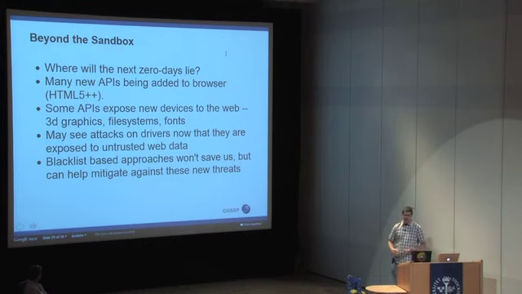So where will the next 0 days lie? I think it's important to look at a lot of the new APIs that are being exposed, not just by plugins, but actually by the browsers themselves. So in HTML5 and contemporary APIs, we, the browser, are making it our mission to say that a web application should be able to do anything that a desktop application can do.